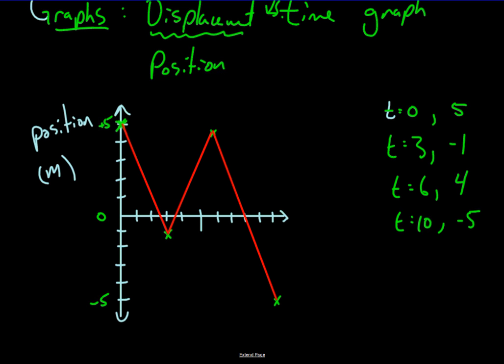And that label is position versus time. And we need to label this axis. It's time, and it's measured in seconds. Okay? So what we've done is we've made a visual representation of the motion of a bunny on a graph.